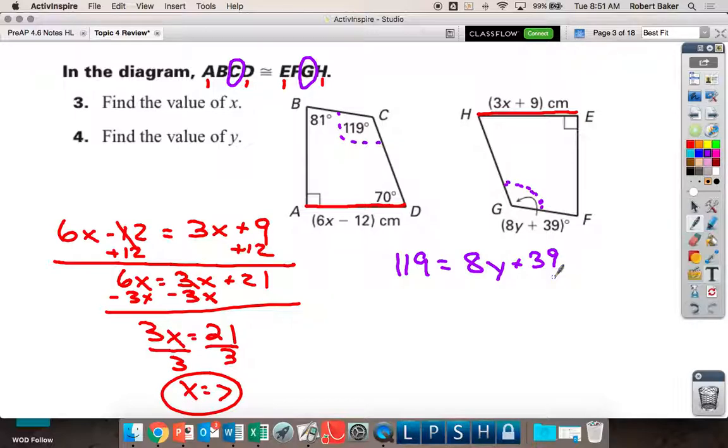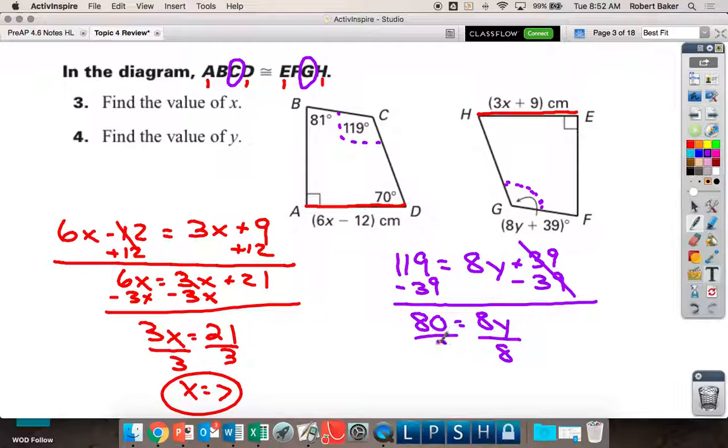To solve for y, you need to get rid of the 39. You subtract 39 from both sides. 80 is equal to 8y. Divide both sides by 8. So y equals 10.